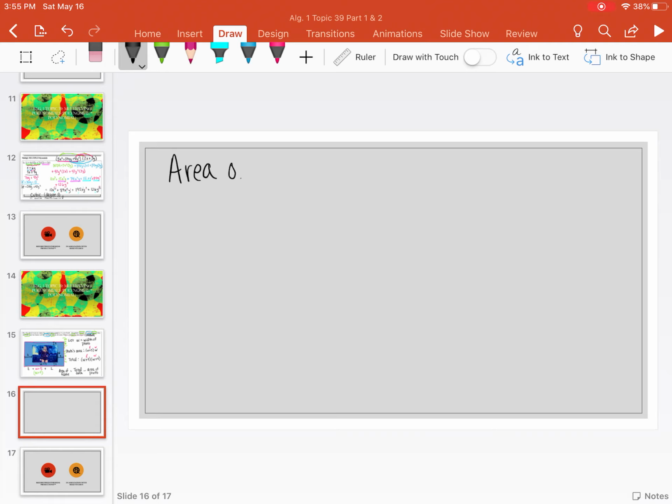So the area of the frame is going to be the overall area, which is W plus 9 times W plus 4. Remember, length times width.